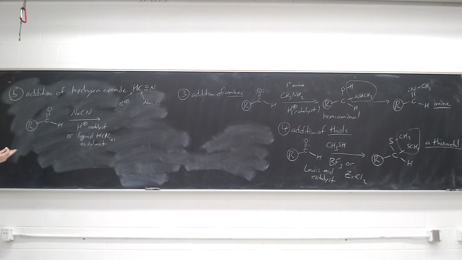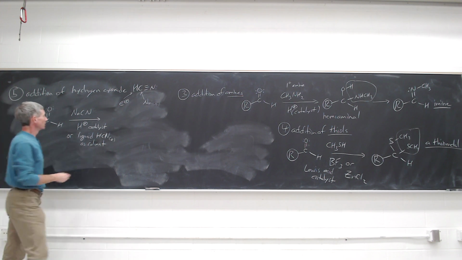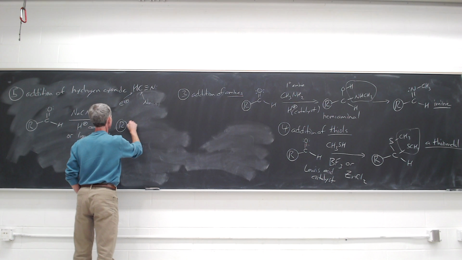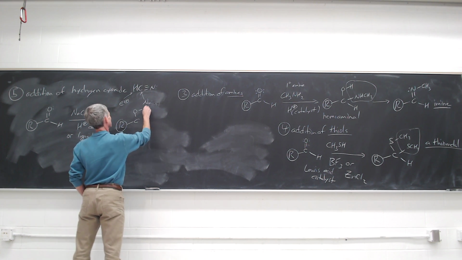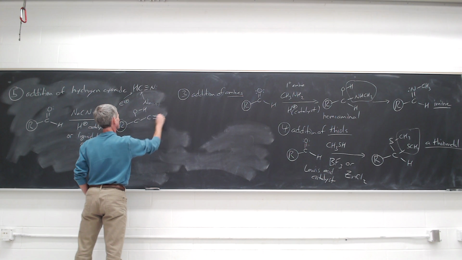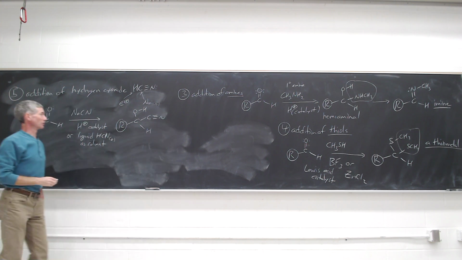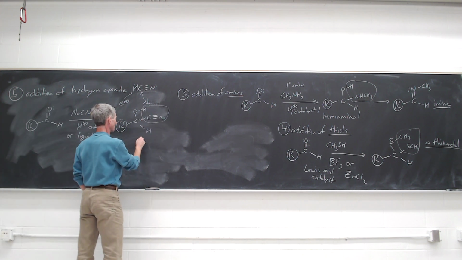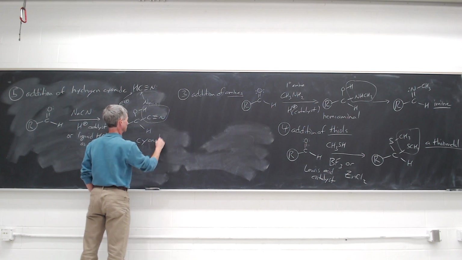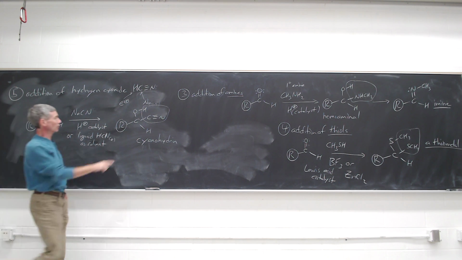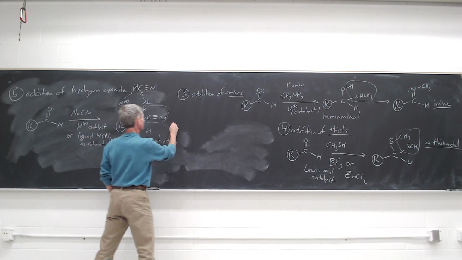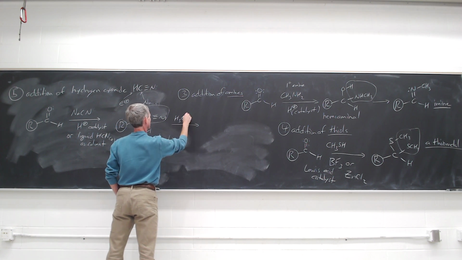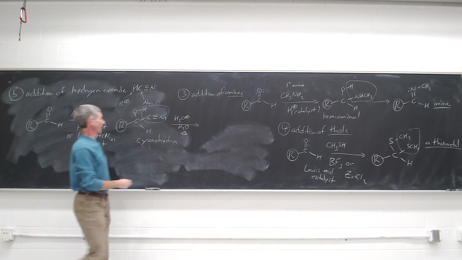Which is a little bit dangerous because liquid hydrogen cyanide is quite toxic. But the result will be the same in either case. It will be to add a hydrogen to the carbonyl oxygen and the cyanide group to the carbonyl carbon, to form a cyanohydrin. And the cyanohydrin is particularly useful because this nitrile can be converted by aqueous hydrolysis to a carboxylic acid group.